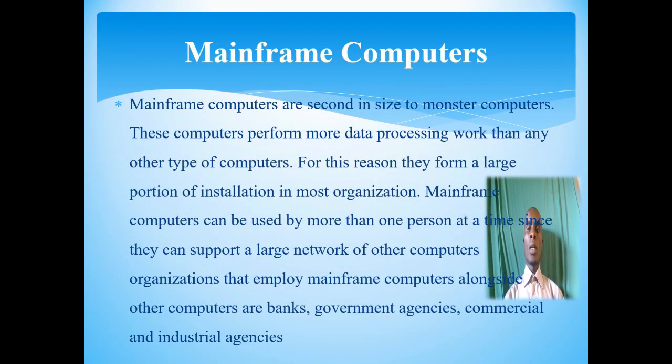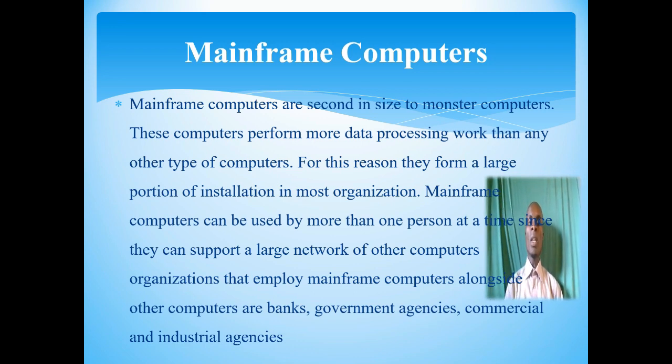Second, we have mainframe computers, and we say that mainframe computers are second in size after the supercomputer. This computer performs more data processing work than any other type of computer. For this reason, they form a large portion of installations in most organizations.